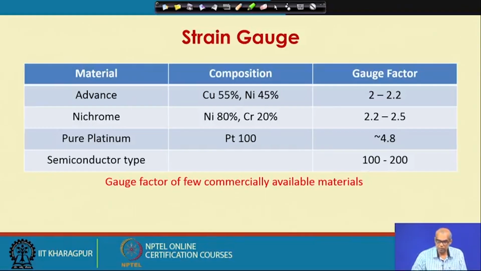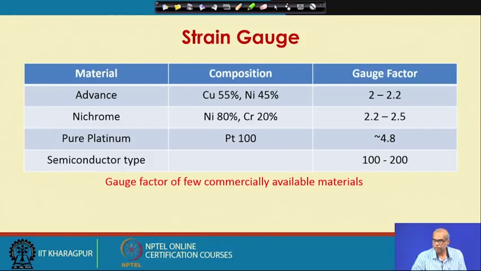Here we report some gauge factors of commonly used materials for strain gauge. Advance is the name of a material whose composition is 55% copper and 45% nickel.